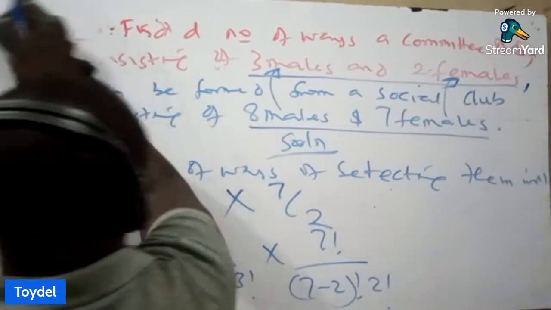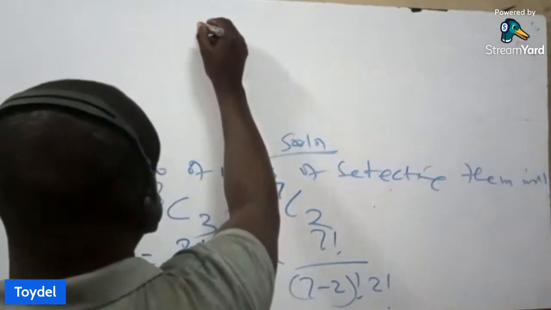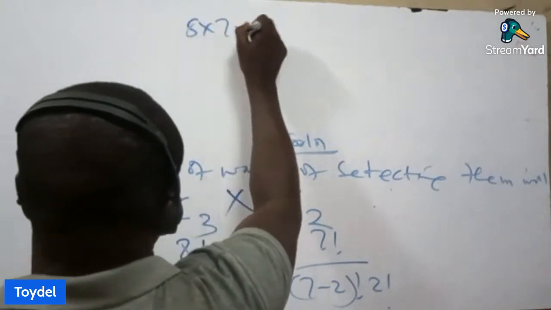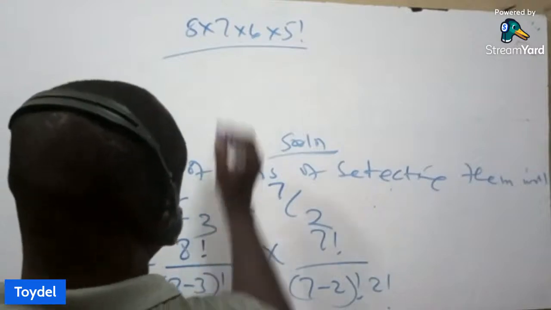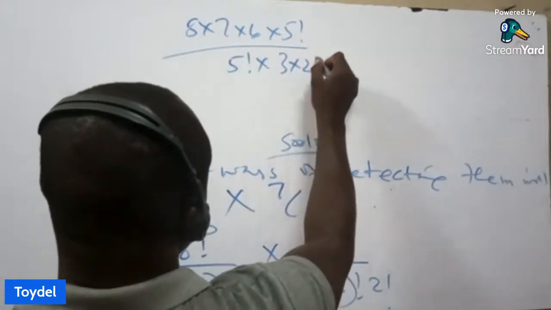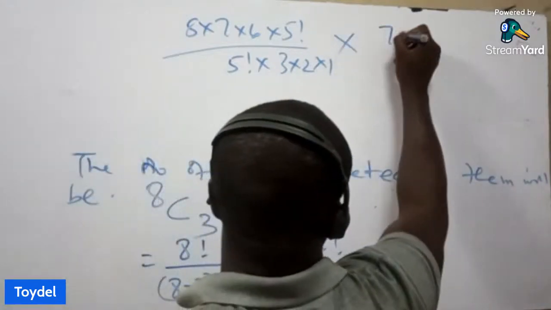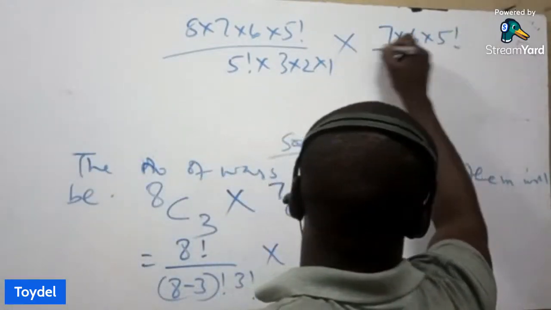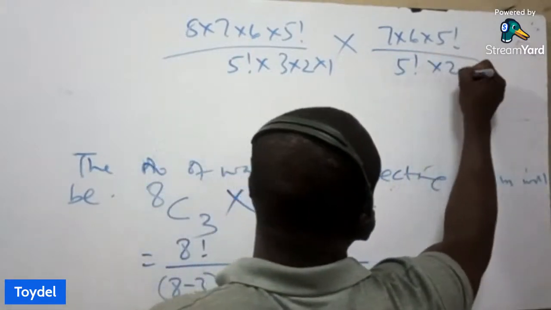That's what we get. So from there, I will reduce 8 factorial to 8 times 7 times 6 times 5 factorial, because here I'm going to have 8 minus 3 is 5 factorial. I'm going to have 5 factorial multiplied by 3 factorial, which is 3 times 2 times 1. Then multiplied by 7 factorial, I will reduce this also to 7 times 6 times 5 factorial, because 7 minus 2 is 5. So I'm going to have 5 factorial multiplied by 2 times 1.